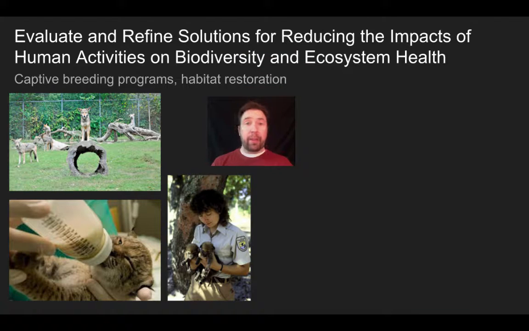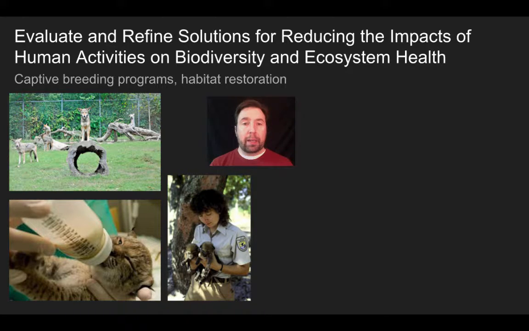So what are some things that humans are doing to try to help with biodiversity and ecosystem health? Well, one of the things that you will find is there are some captive breeding programs. Over here in the upper left, we see some red wolves that are being raised in captivity. We see a wild cat that is being bottle fed in the lower left.